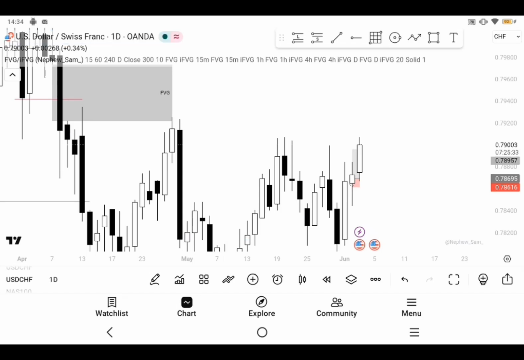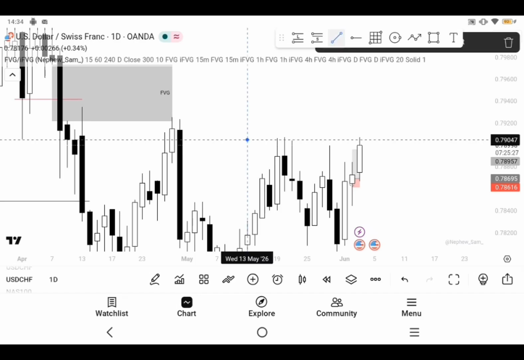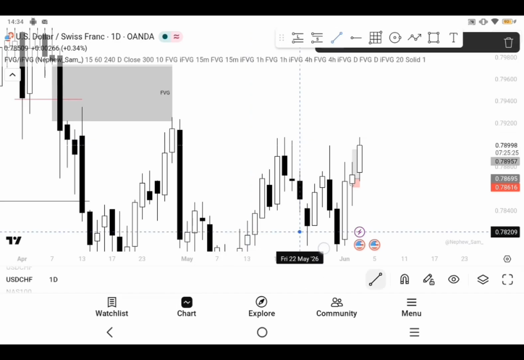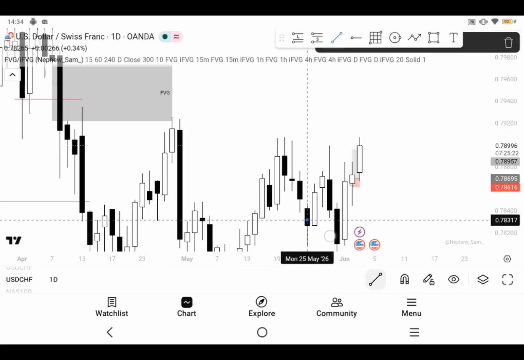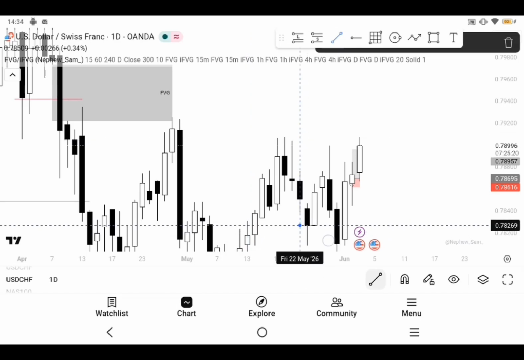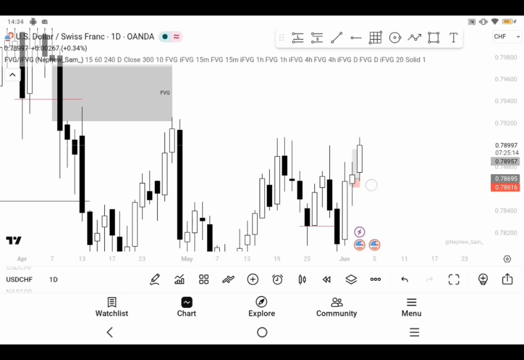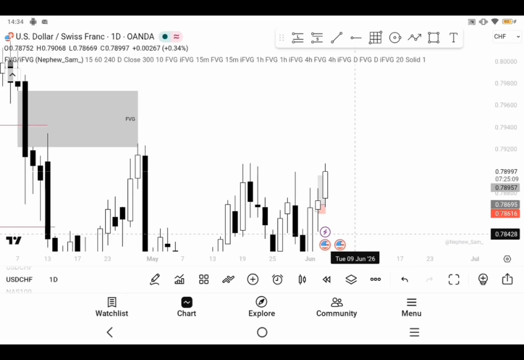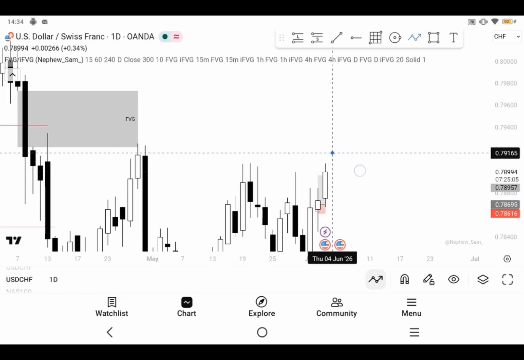It broke a particular SBR, that is this area. This support turns into a resistance, and it was actually broken through. This is an SBR. Now, how do we draw an SBR? When I say SBR, it's basically a key level, and this is what I'm implying here. So you'd have a market do something like this.